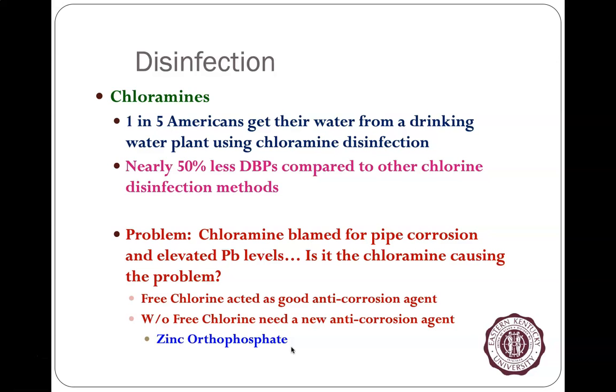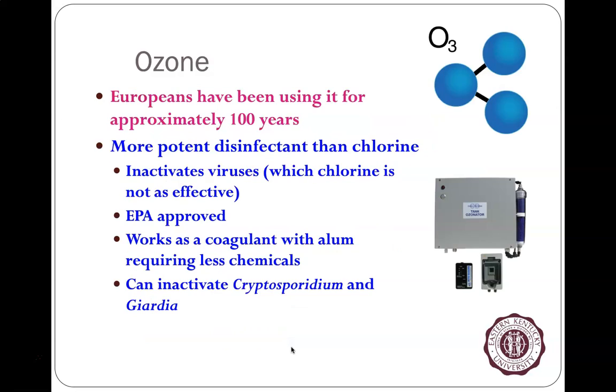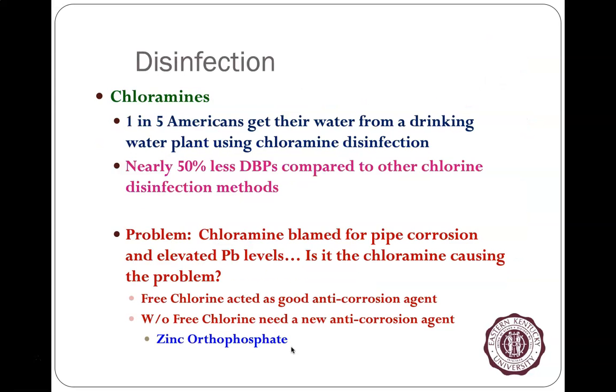Dr. Mark Edwards, who was one of the doctors who blew the lid off of the Flint situation, actually first came to notoriety in the national press and in environmental justice groups for his work in Washington, D.C., where they actually switched to chloramines to try to better comply with the disinfection rules.